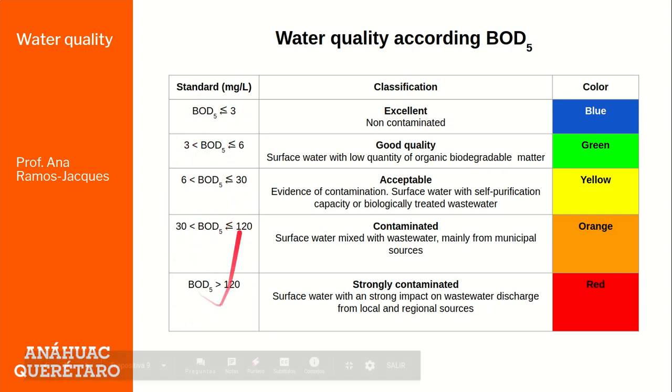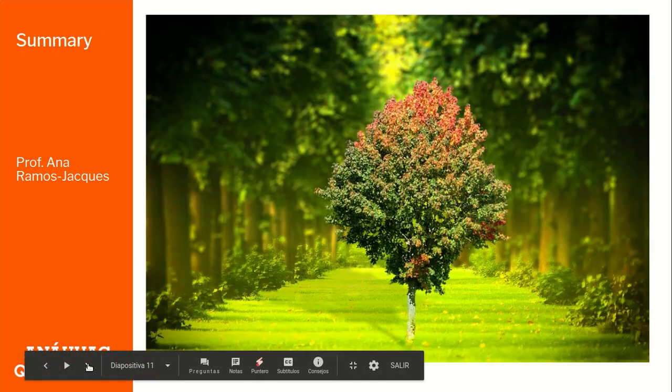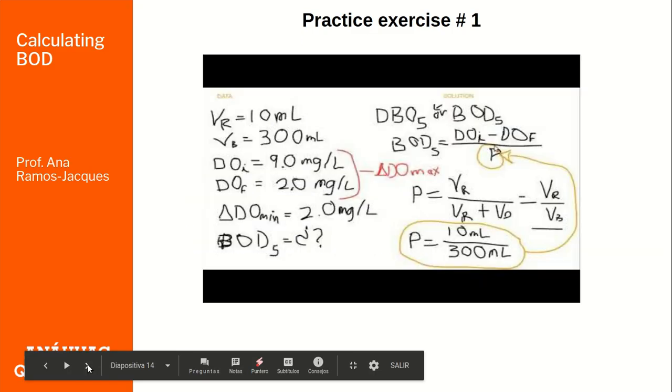You obtain that value for the wastewater, and you can see an indication of water quality with a color. A very good indication, I must say.